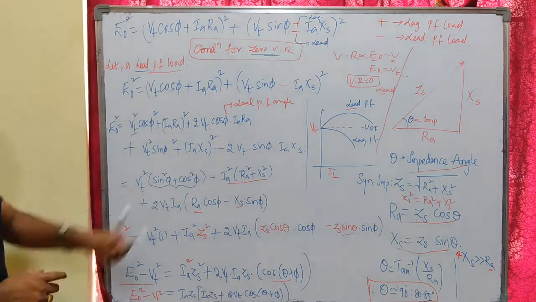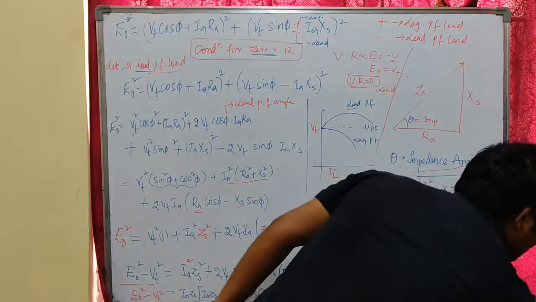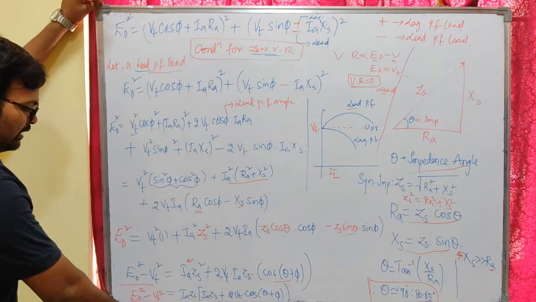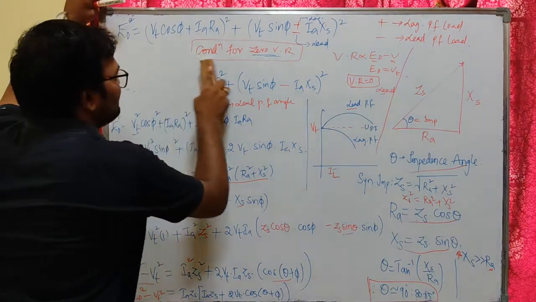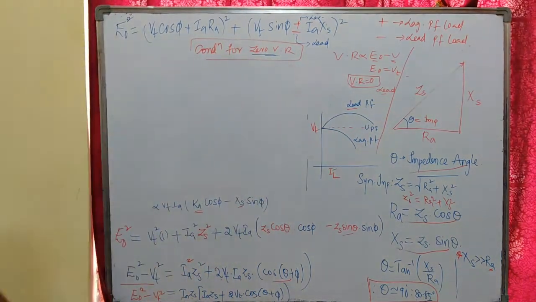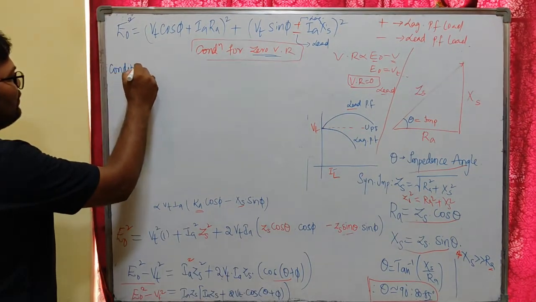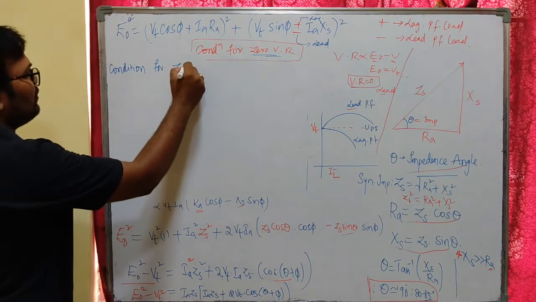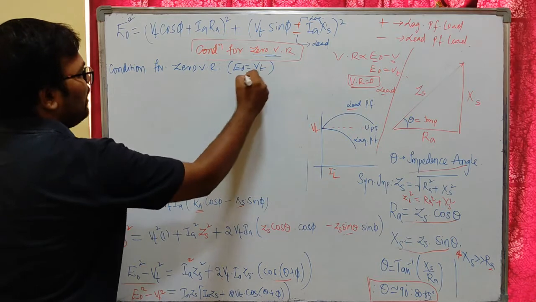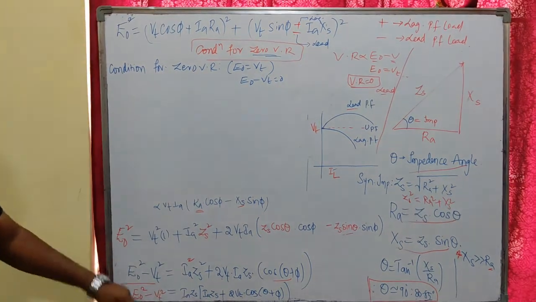Now we need to derive the condition for zero voltage regulation. Zero voltage regulation means this term should be 0, E naught and Vt will be equal. So let us derive the condition: E naught equals Vt, or E naught minus Vt equals 0, so at this condition this term will become 0.